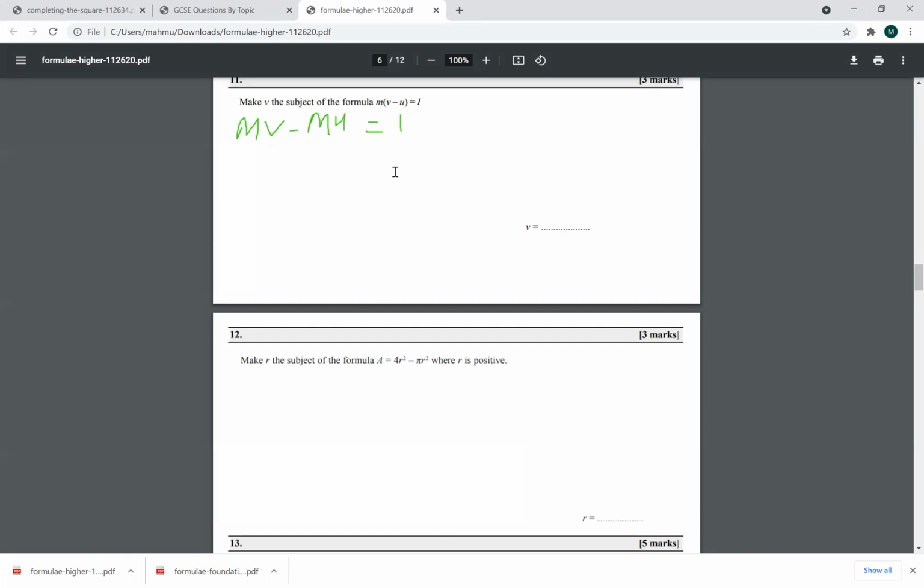The first thing you do step by step, you wrote this down, you expanded the brackets, that's fine. Now you got MV. MV, we're not doing anything. All we're doing is taking it to the other side. So what will it be now? No, why are you moving the M? All you're doing is MU, take the MU to the other side. To this side? Yes, that's all you have to do, basic stuff. So we'll rewrite the equation now when you take it to the other side.